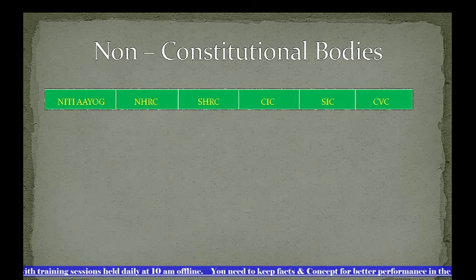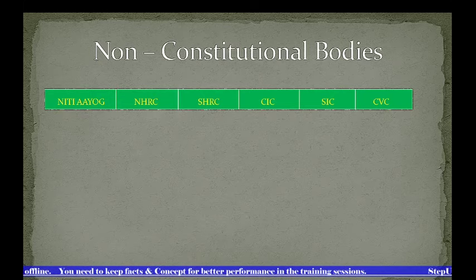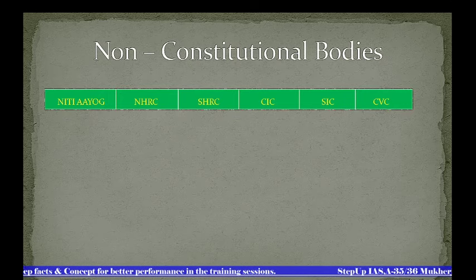When we study the Constitution, we also study non-constitutional bodies together. So Niti Aayog, NHRC, SHRC, CIC, SIC and CVC are the major non-constitutional bodies. Other bodies like the CBI we will also discuss here.